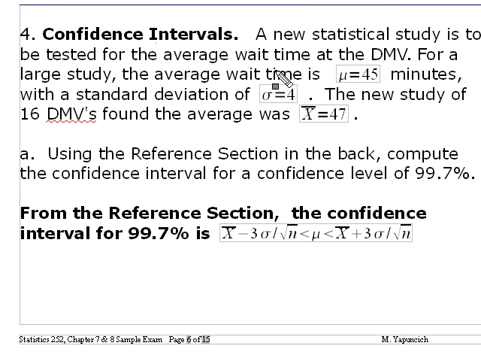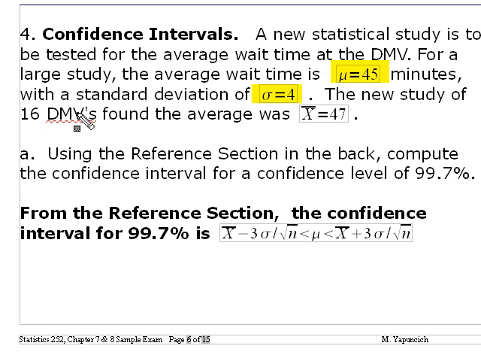In this case, let's say the average wait time for the DMV in a large study. Previously the average wait time was 45 minutes, with a standard deviation of 4. So someone studied many DMVs and came up with an average wait time of 45 minutes with a standard deviation of 4.